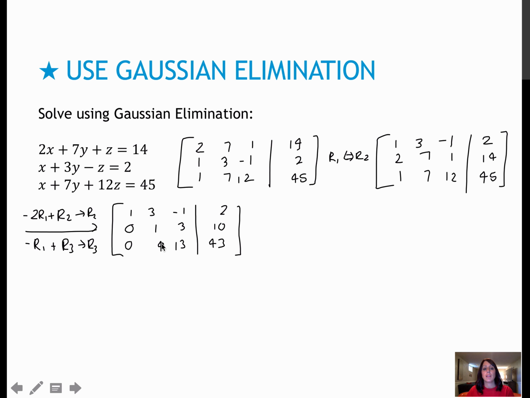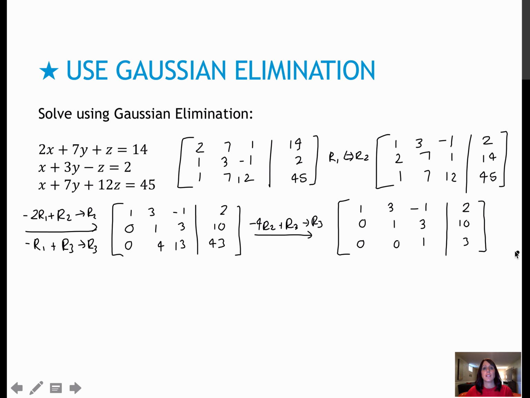Next, I need this value right here to be a 0 as well, because remember, this is a 1. I need the zeros beneath it. So I'm going to take negative 4 times R2 plus R3 to be my new R3, because that would give me a negative 4 plus 4, which would give me a 0.